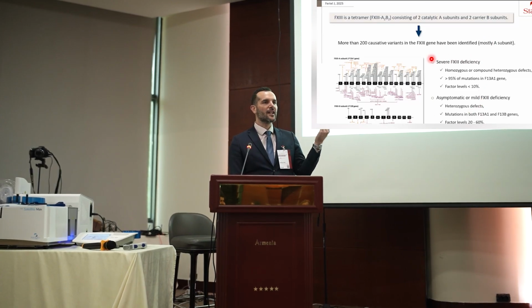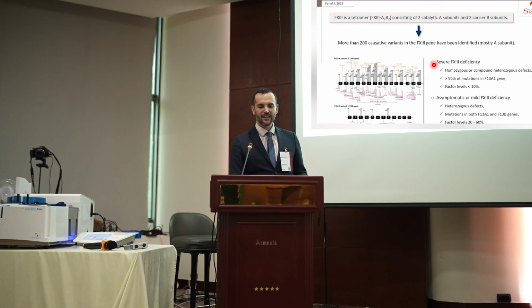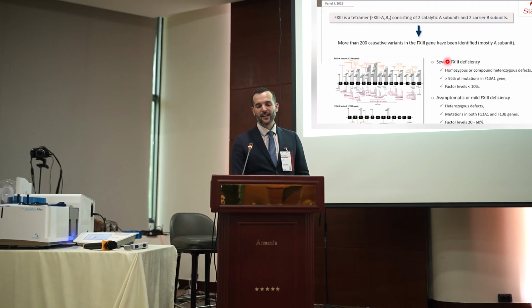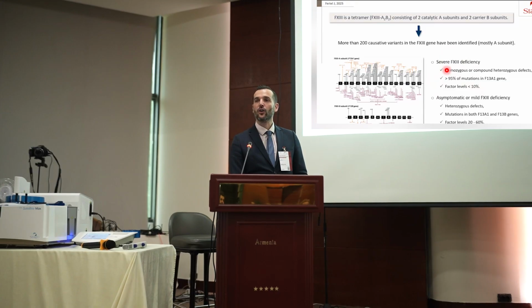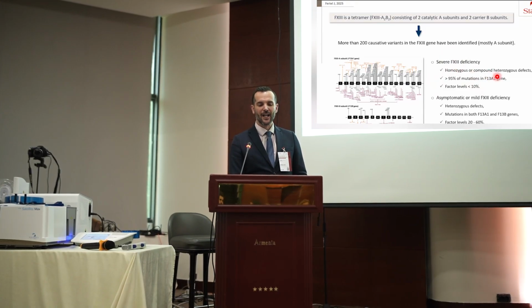The number of cases I showed you on the previous slide are the number of cases of severe factor 13 deficiency. Severe factor 13 deficiency is characterized by factor levels below 10%, and is due to homozygous or compound heterozygous defects, mostly in the F13A1 gene.